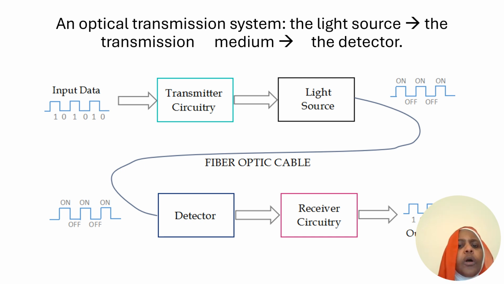The detector, on the other end of the fiber optic cable, will receive the pulses of light and convert them into digital data, 1 for on and 0 for off. That's to say, 1 for presence of light and 0 for absence of light.